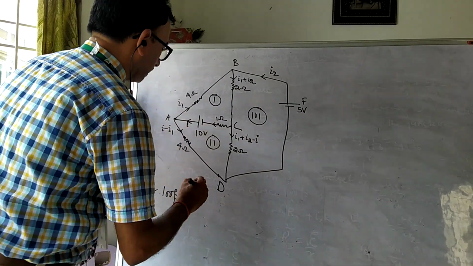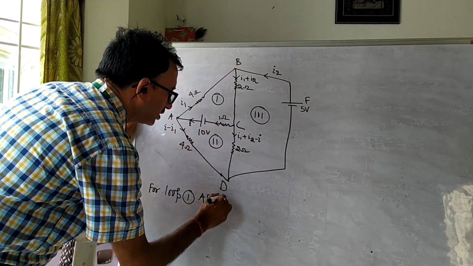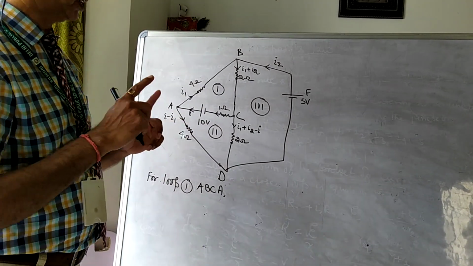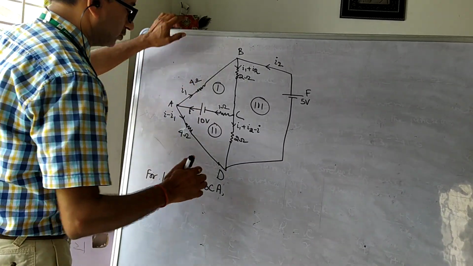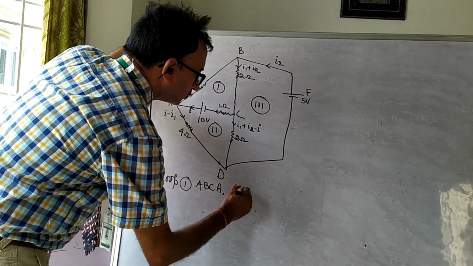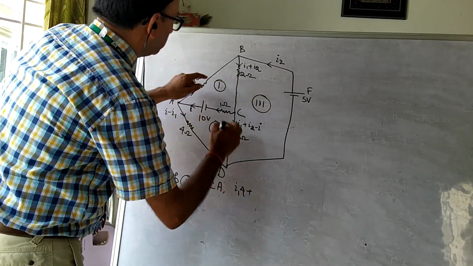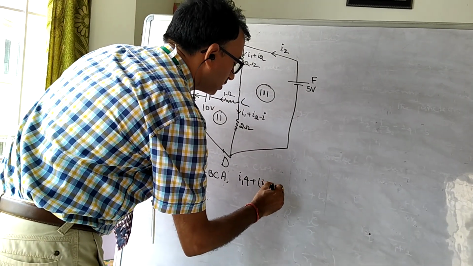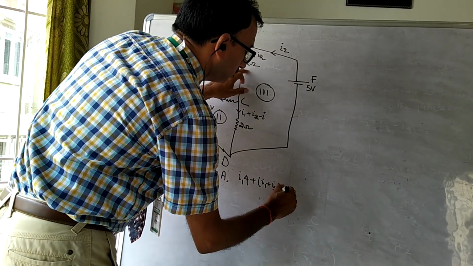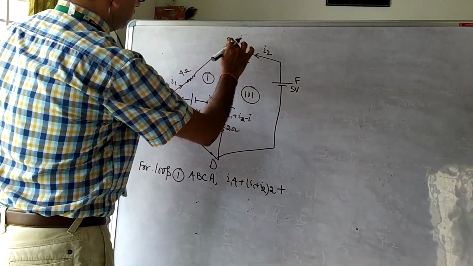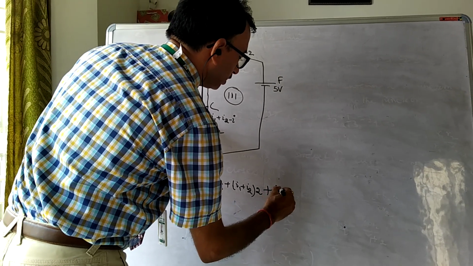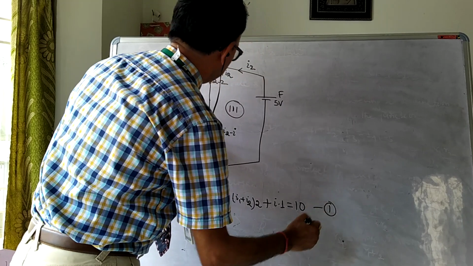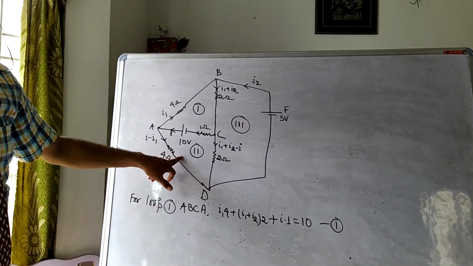A, B, C, A. Now, the second rule says that the sum of products of current and resistances equals the EMF. So, I1 into 4 plus, because they are moving in the same direction, plus I1 plus I2 into 2 plus I into 1 equals 10, because the 10 volt is given over here.